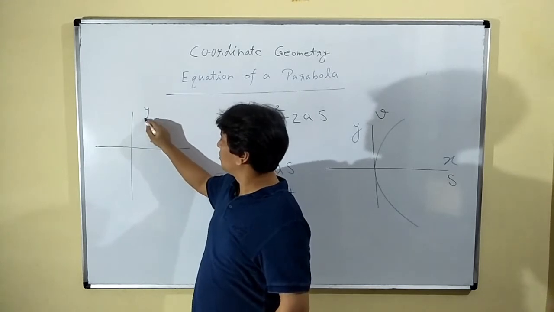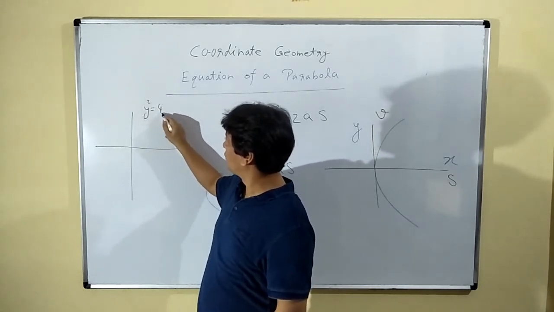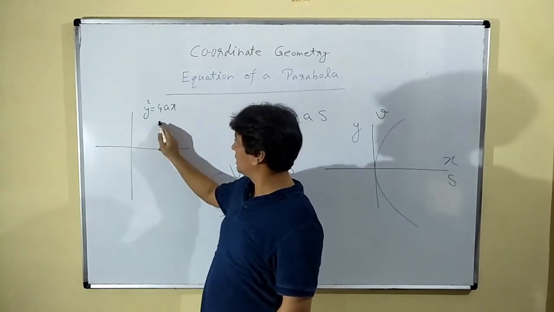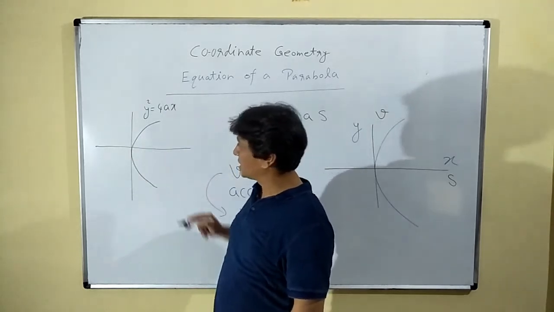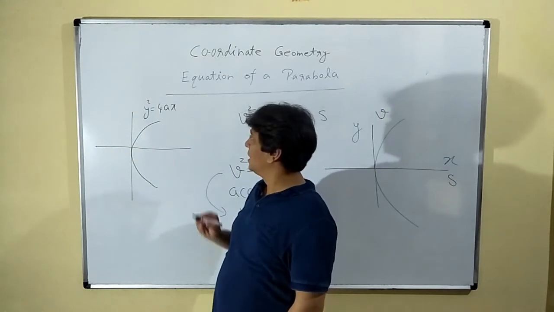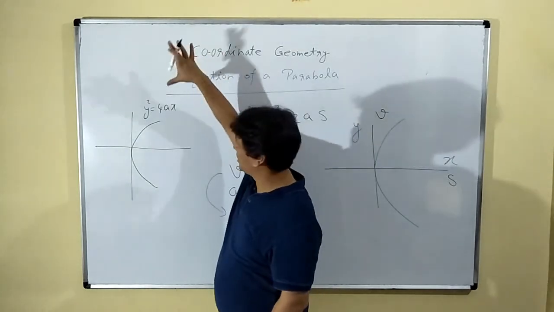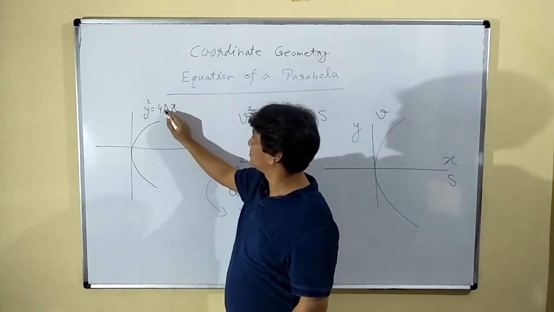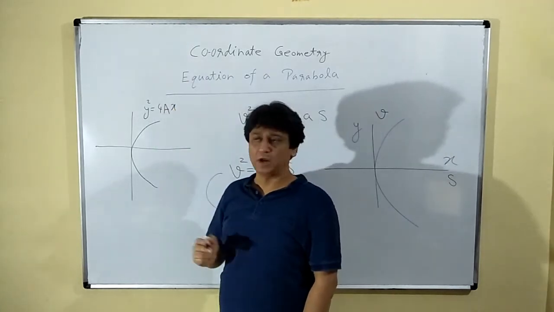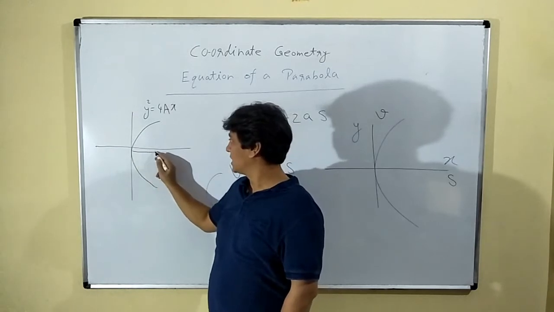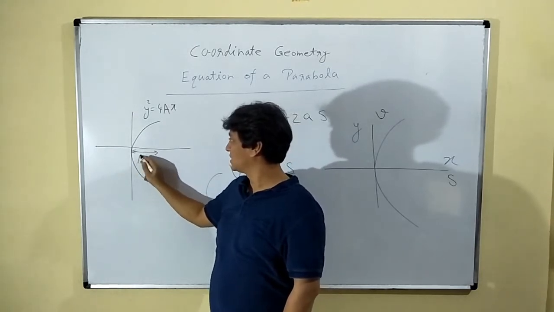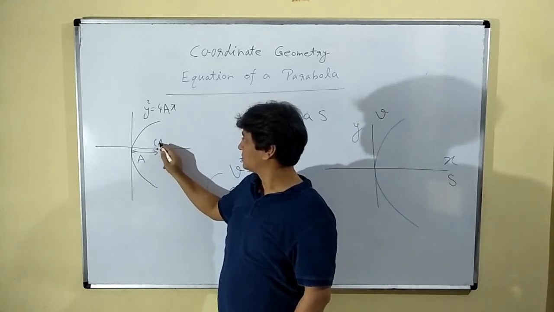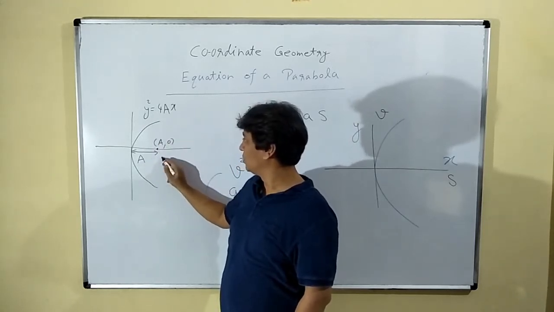और अगर ये 4a पार्ट हमारा पॉजिटिव आता था तो जब हम ग्राफ प्लॉट करते हैं, अगर आपसे y square equals to 4ax इस तरह का ग्राफ प्लॉट करने के लिए बोला गया था, तो हमने इस तरह से ग्राफ को प्लॉट किया था. केवल एक छोटा सा हमने चेंज क्या कर दिया है, कंफ्यूजन ना हो इसलिए हम small a को capital A define कर रहे हैं. यहां से यहां तक का ये जो डिस्टेंस है, that was capital A. इस जगह के कोऑर्डिनेट्स बनेंगे a, 0.